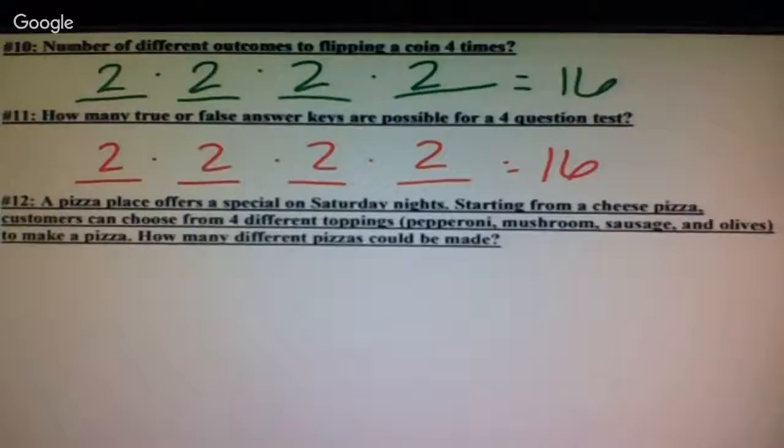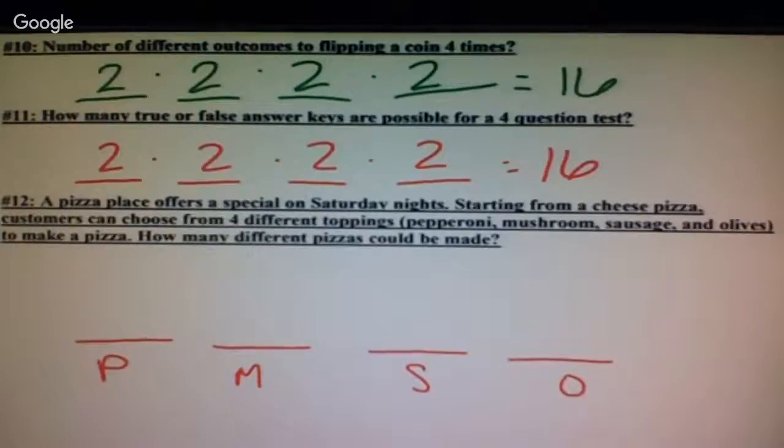Number 12. You need to decide if you're going to put these toppings on a pizza. Each dash represents your toppings: pepperoni, mushroom, sausage, and olives. If I ask you, do you want pepperoni, how many options do you have?